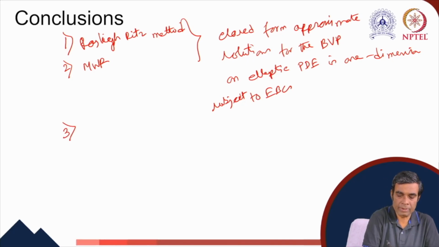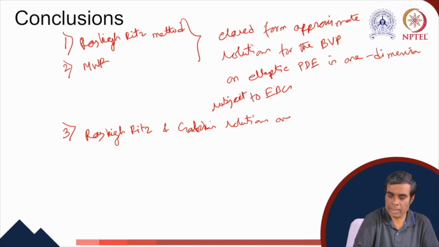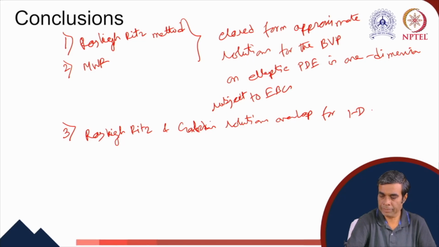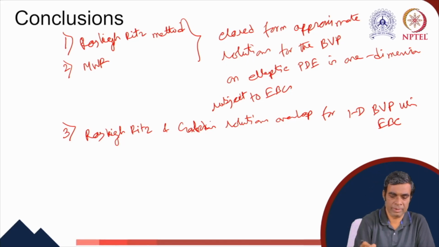We noted that the Rayleigh-Ritz and Galerkin solutions overlap for 1D boundary value problems using essential boundary conditions, essential or geometric or kinematic boundary conditions. We conventionally call them Dirichlet boundary conditions.